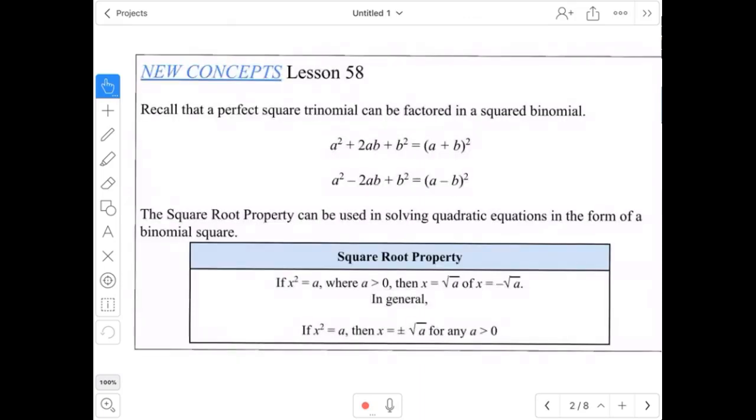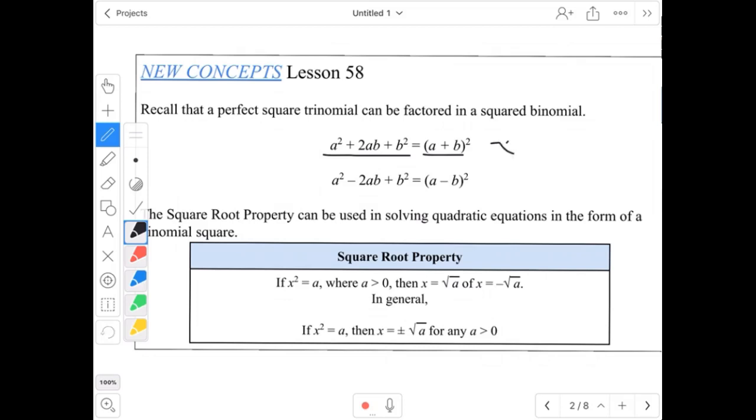So first off, one big piece of completing the square is taking a look at things and factoring them. So remember, when we have perfect square trinomials, we can factor them down into square binomials. So just for an example, let's say we had x squared plus 2x plus 1.